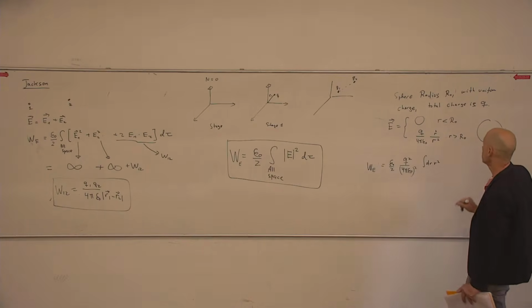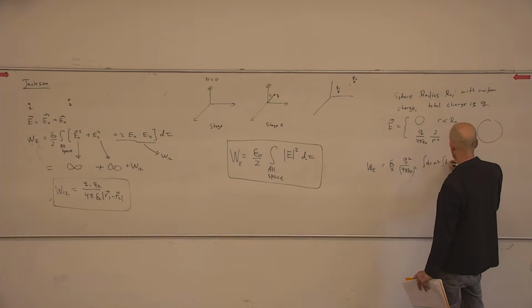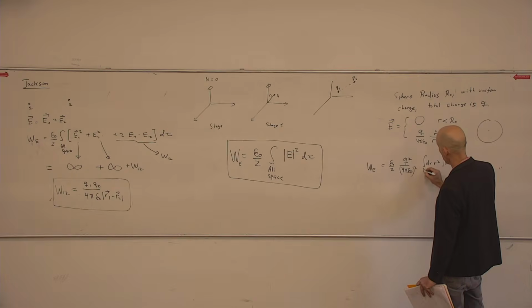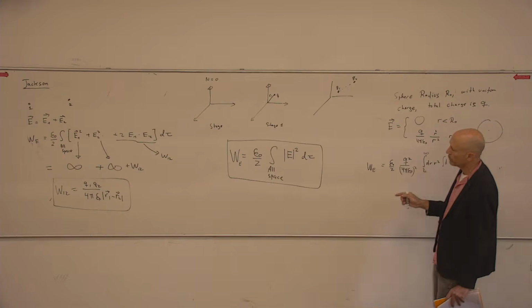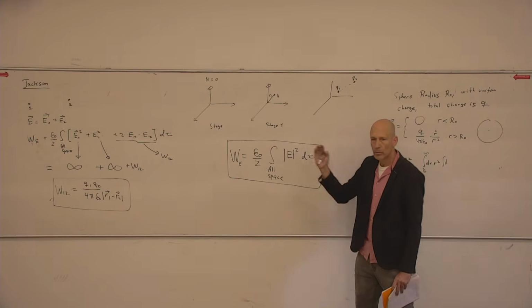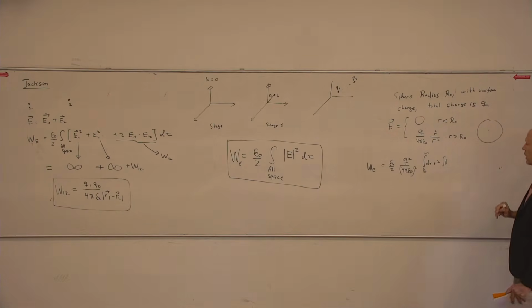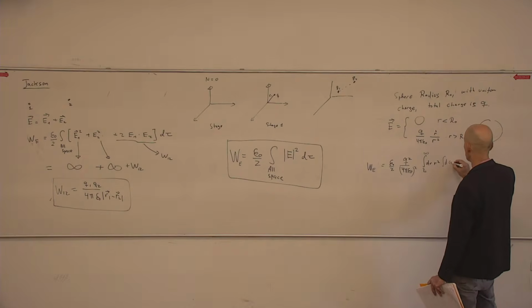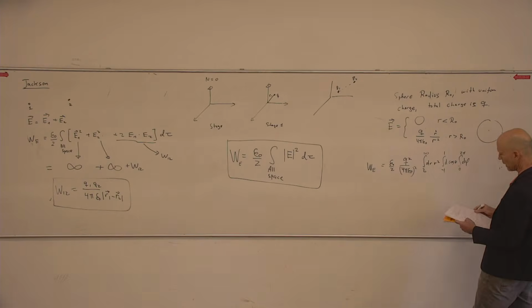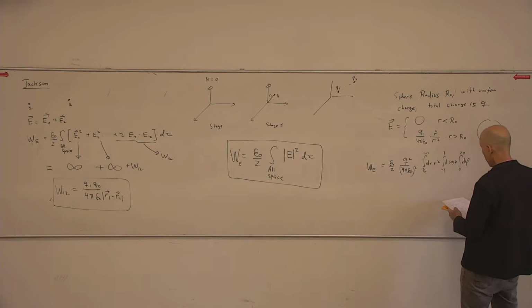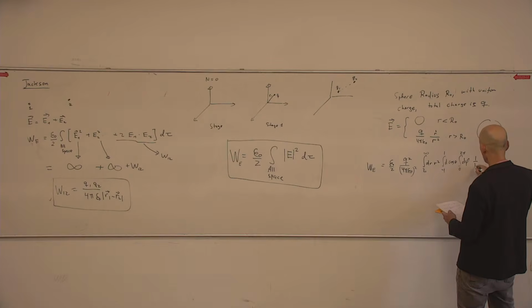I'll integrate from R0 to infinity, because the field inside is 0. Then d cosine theta from minus 1 to 1, d phi from 0 to 2 pi, and here I have 1 over r to the power 4.